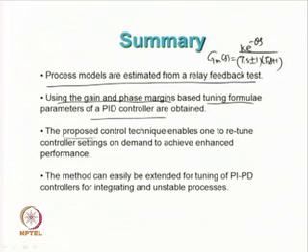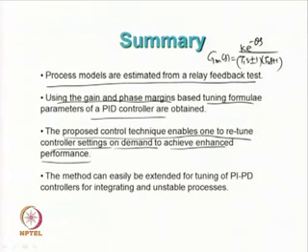The proposed control technique enables one to retune controller settings on demand to achieve an enhanced performance. Why enhanced performance? Because you are using a phase and gain margin based PID controller, and you will get robust performance from the controlled systems.